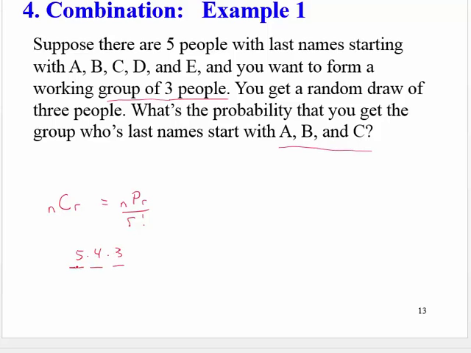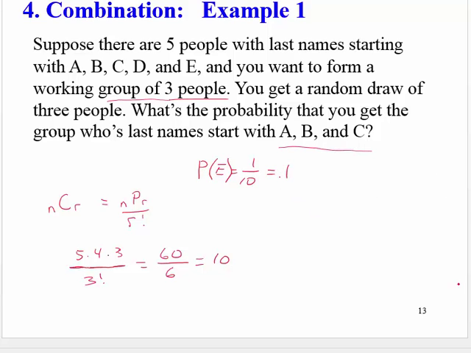But then you've got to divide out by all those that are the same, so you divide out by those 3 spots. So you divide by 3 factorial, which is 6. 60 over 6 is 10 distinct things. So our probability for this event is just equal to 1 over 10, or 0.1.